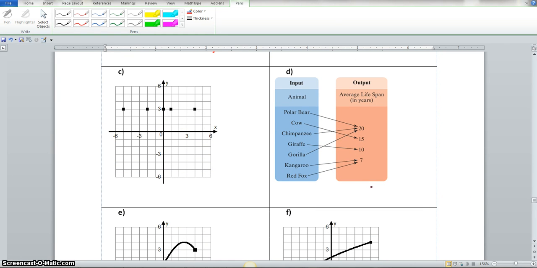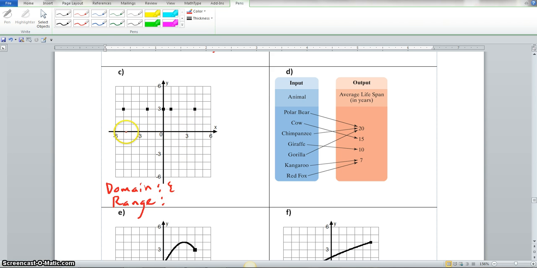Now we scroll down to C here. Now if you notice here, we have these 5 points. Now we can still do the domain and range. All we have to do is write down what our x values are.